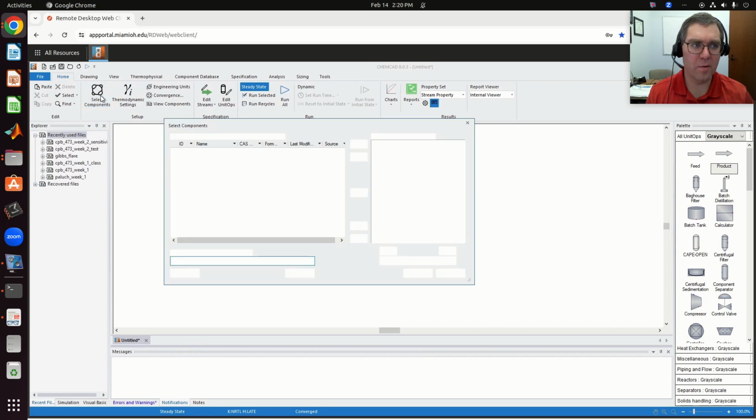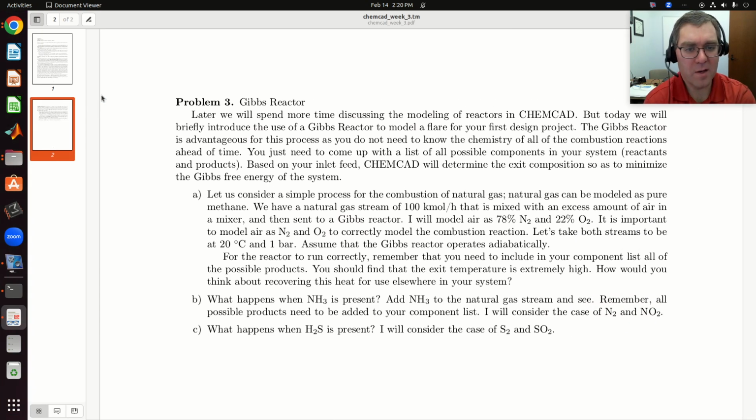And then in terms of components, we're going to combust natural gas, which we'll model as pure methane with excess air, right? Now in our component list, we're not going to select air. We can select air when we have a process not involving a chemical reaction, so when air is, say, a carrier gas.